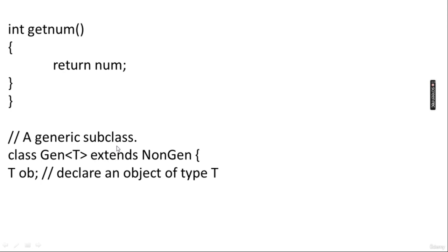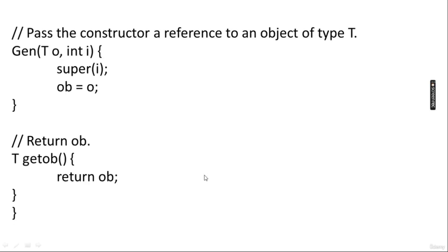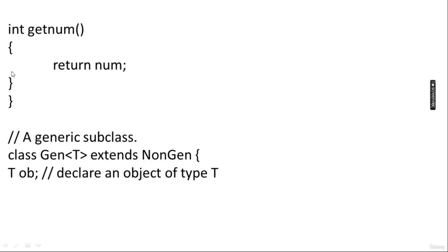Then a generic subclass: Generic<T> extends NonGen. So what type parameter is passed over here? It is T. And NonGen is a non-generic class, so no type parameter is specified over here. Declare an object of type T, then pass the constructor reference to an object of type T: Generic(T o, int i). What is T over here?